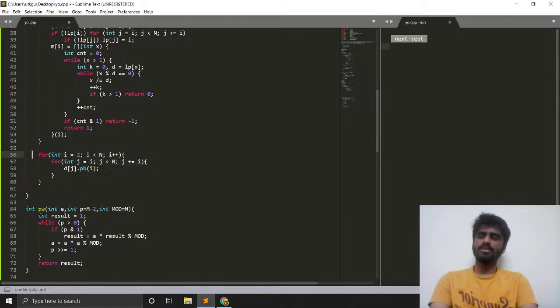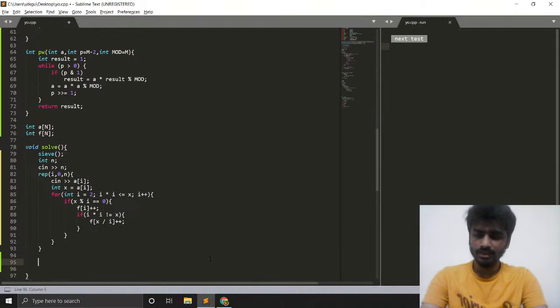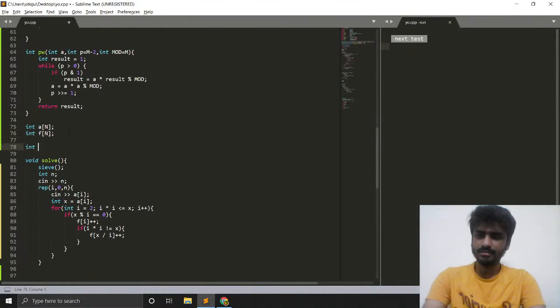So this way I can store all of the data. Now let me try to get it done.